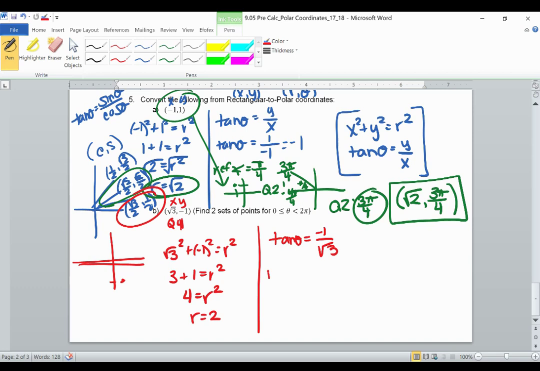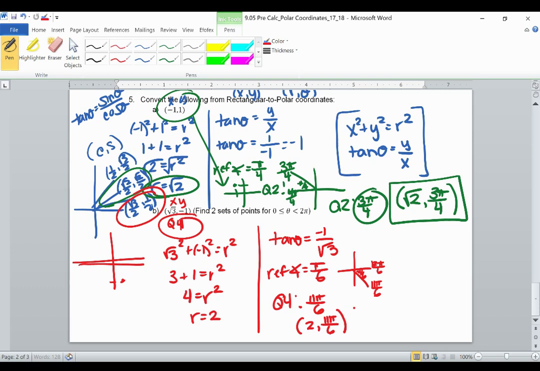And that means our reference angle would be pi over 6, but we already said we want to be in quadrant 4 based off of where that graphs in the rectangular axes. So in quadrant 4, if our reference angle is pi over 6, we know this is 12 pi over 6, which is 2 pi. So 1/6 less than that would be 11 pi over 6. So our answer would be 2, 11 pi over 6.